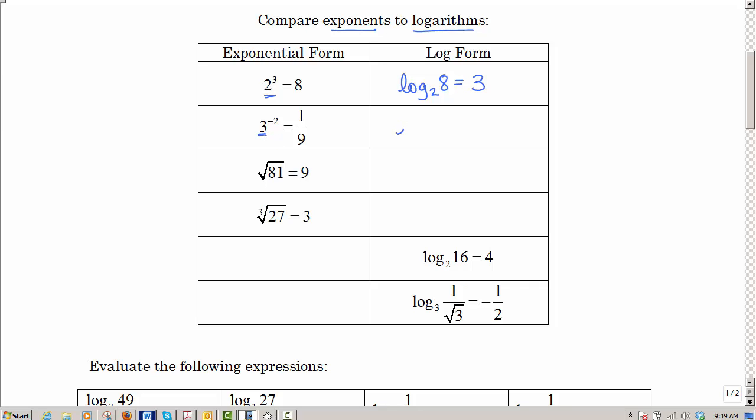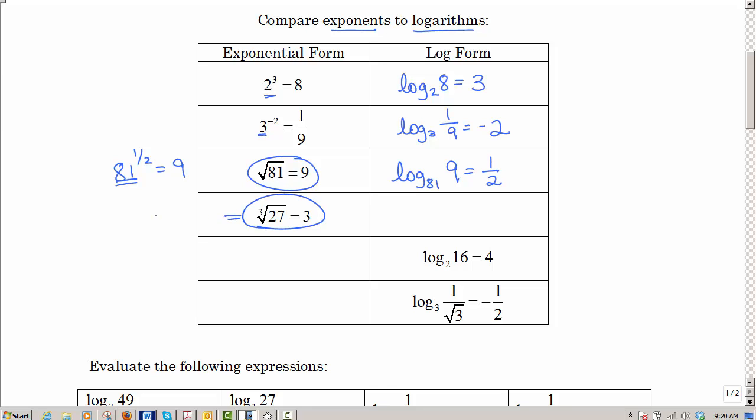So we have the base, so log base 3 of 1/9 equals -2. Now before we work this one, we need to write that radical as an exponent. So 81 to the half is equal to 9. So we can write this as log base, what's the base? 81 of 9 equals a half.